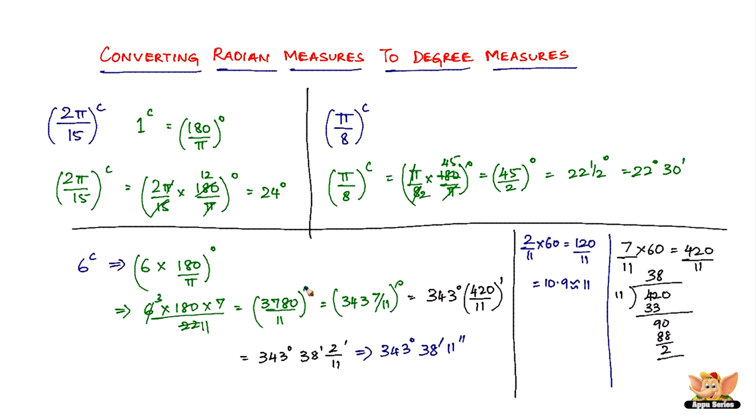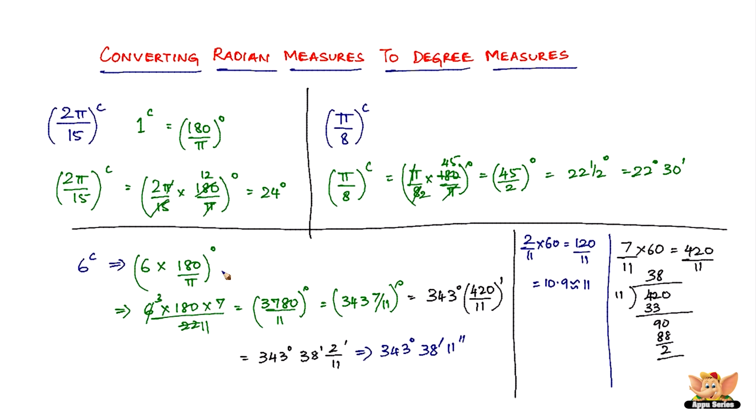So that is how you convert a mixed fraction like this into a proper degree, minute, second format. So this is also definitely a degree measure. So this is how you convert 6 radians to degrees, which is equal to 343 degrees, 38 minutes, and 11 seconds. Let me quickly take you through the conversion part. To convert 6 radians into degrees, just multiply 6 by 180 by pi.